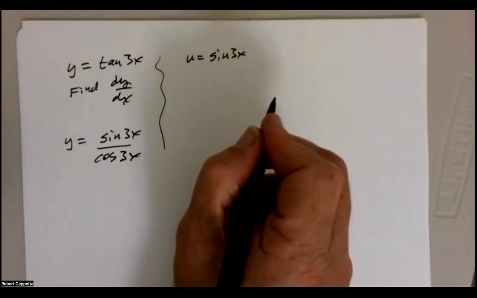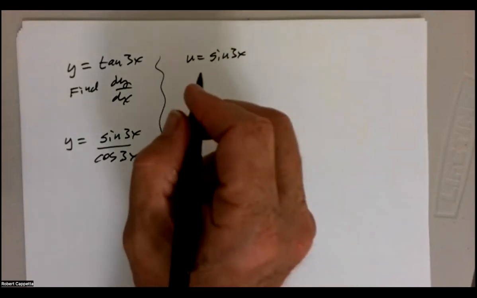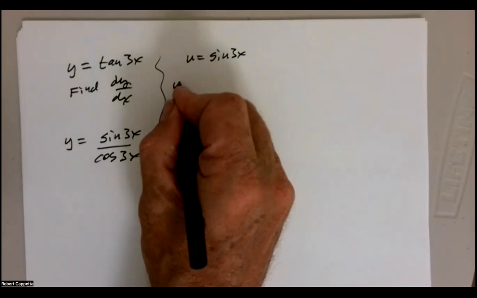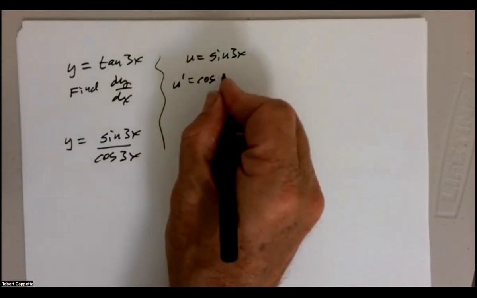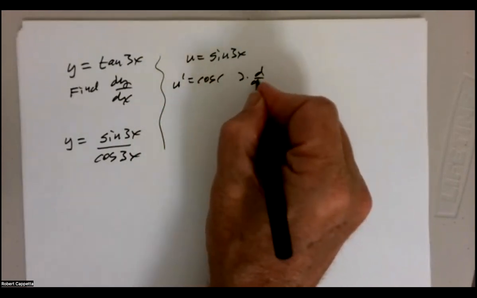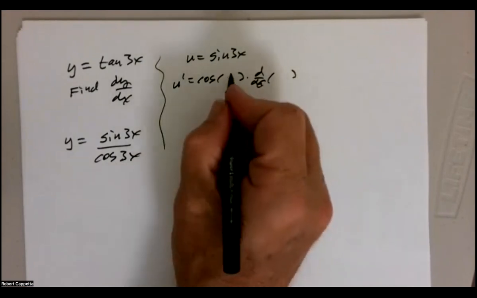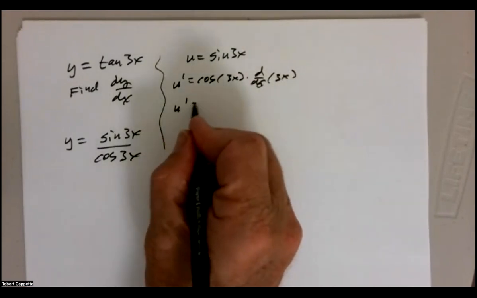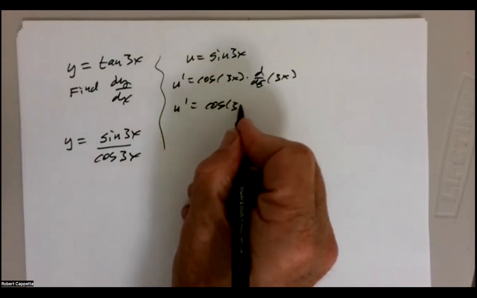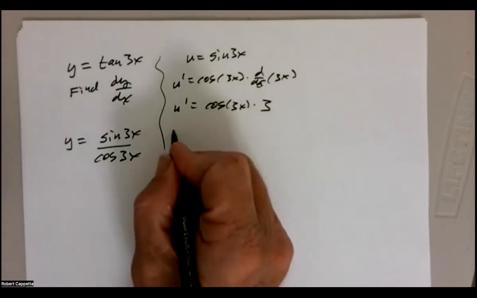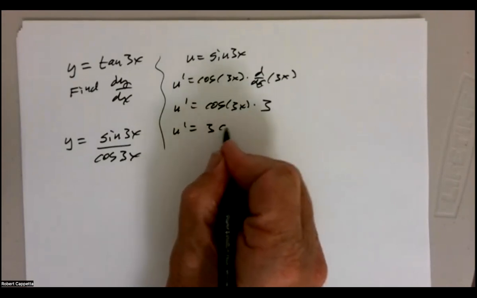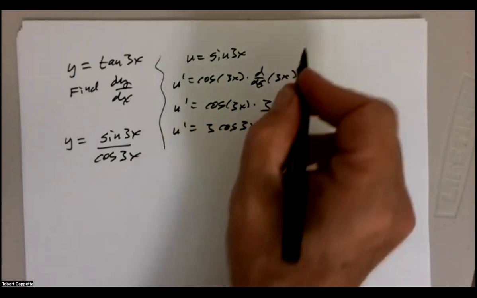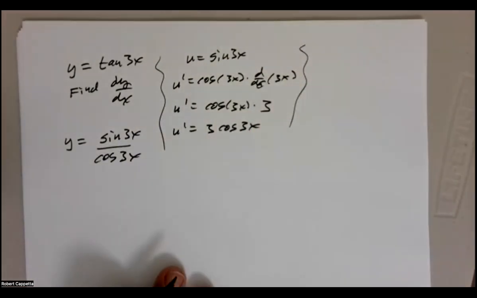The derivative of the sine of something is the cos of something times the derivative of the something. So u prime is the cos of 3x times the derivative of 3x. That is our chain rule. So u prime is cos 3x times 3. So u prime is 3 cos 3x. That's my u and my u prime.